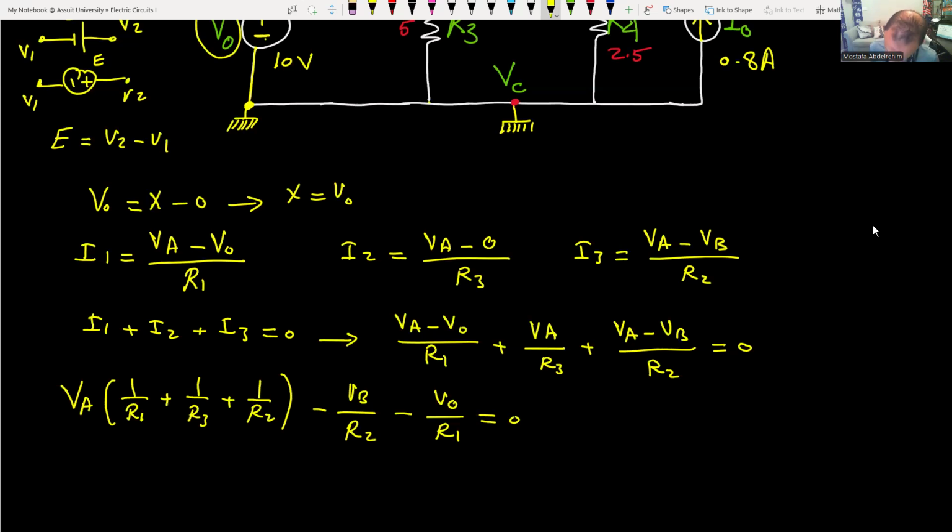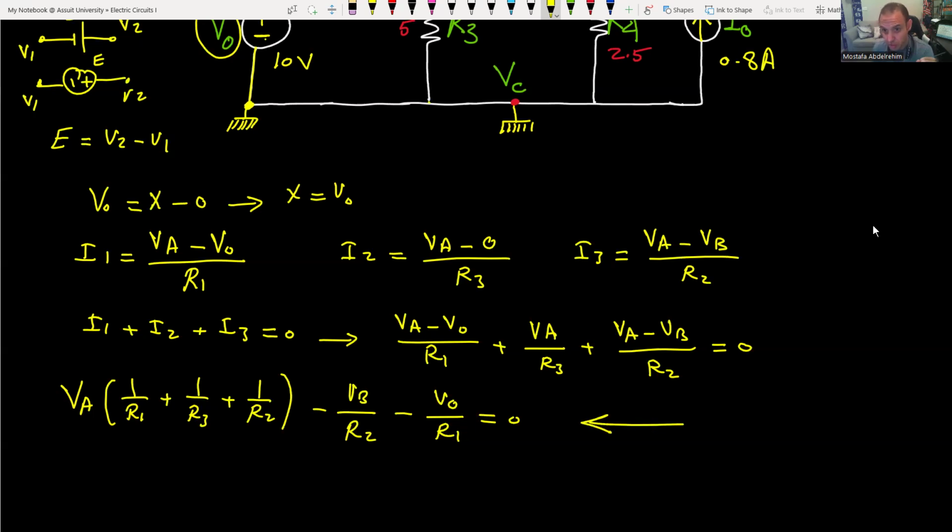This is equal to 0. Why did I write it in this shape? Because whenever you solve with the nodal voltage analysis method, you're going to get something like that.